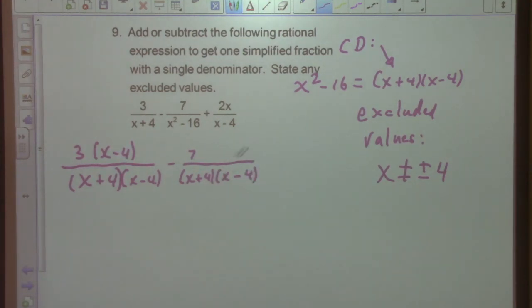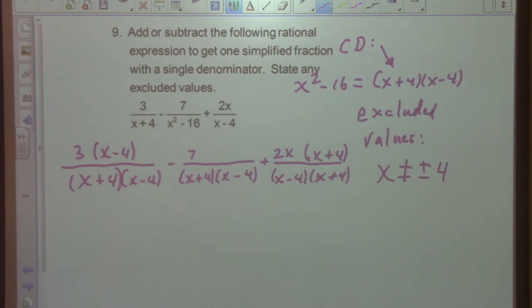And up here, do we multiply anything up here? No, because that already has the correct common denominator. Then we have 2x over x minus 4. And what do we multiply that by? x plus 4, thank you. And then x plus 4 here. Okay?